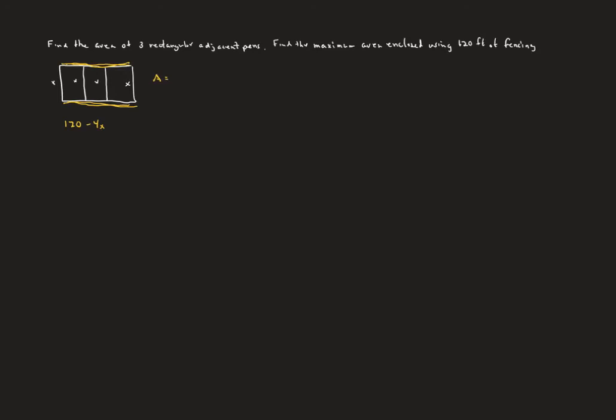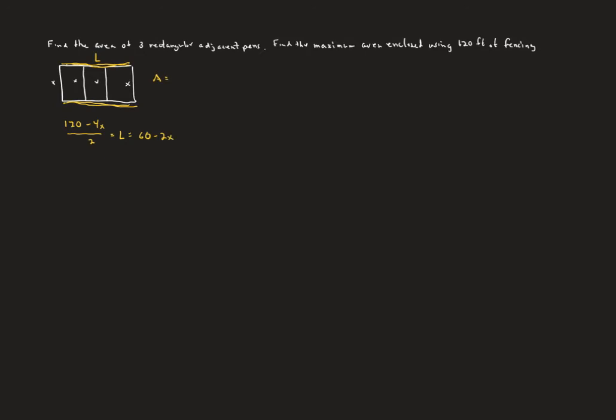So for those two sides, if we divide by 2, that's going to be the length of one of those long sides there, which we're going to need in the formula for the area. And in this carefully constructed problem, we can split that up and say 120 divided by 2 is 60, and the minus 4x divided by 2 is a negative 2x.